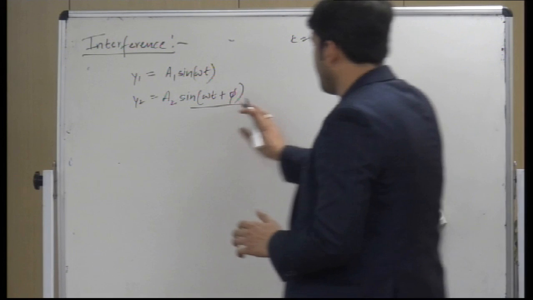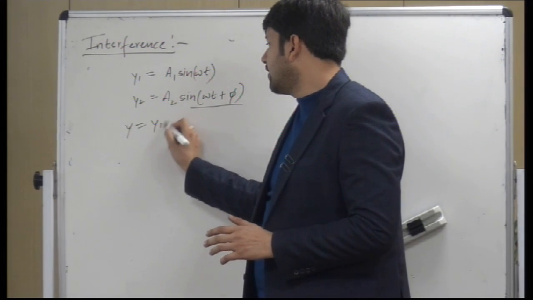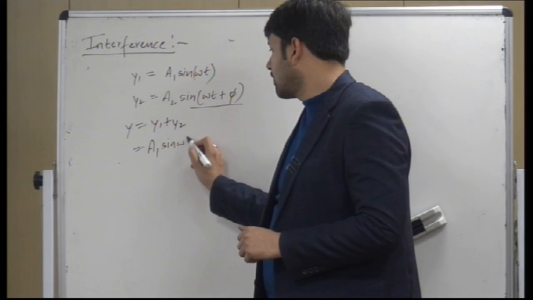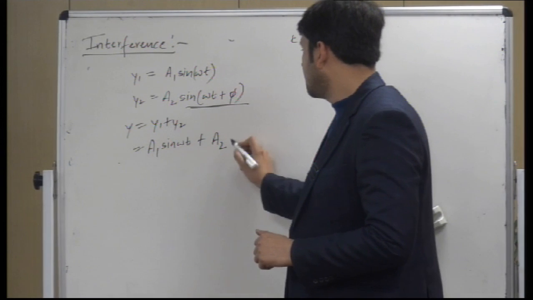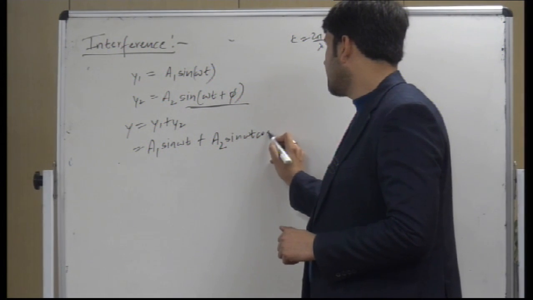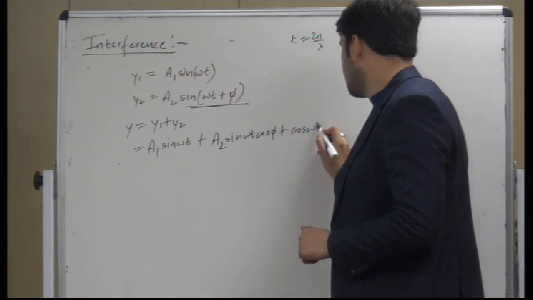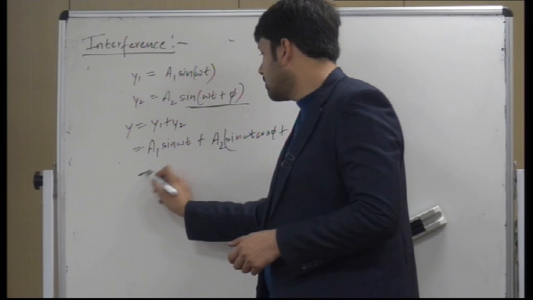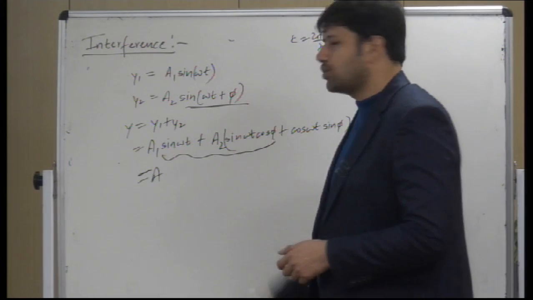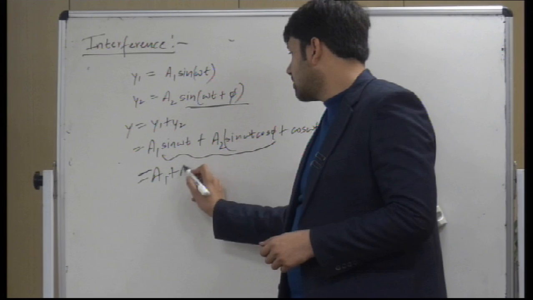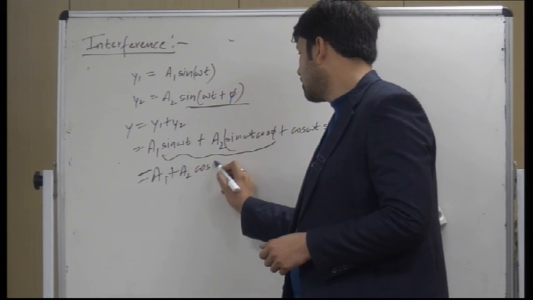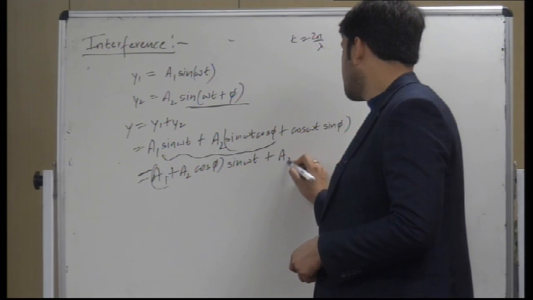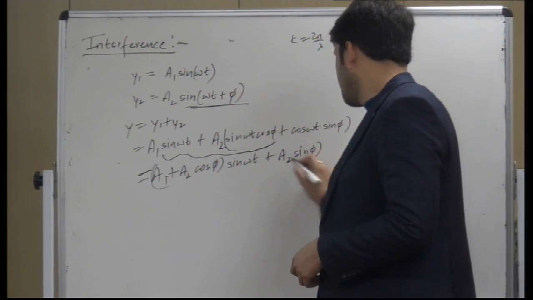Now, if this is the arrangement, the total displacement would be this. I can expand it as sin omega t cos phi and cos omega t sin phi. We can always combine these terms, giving A2 sin phi cos omega t.